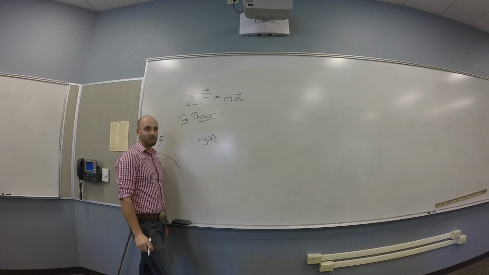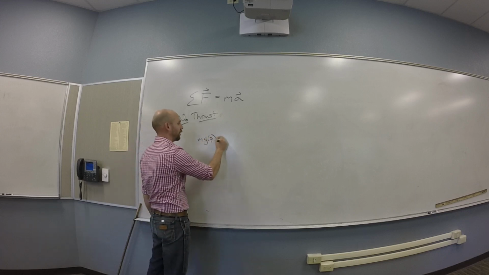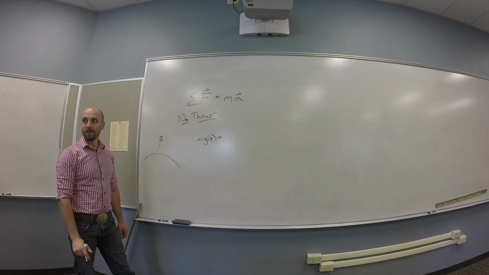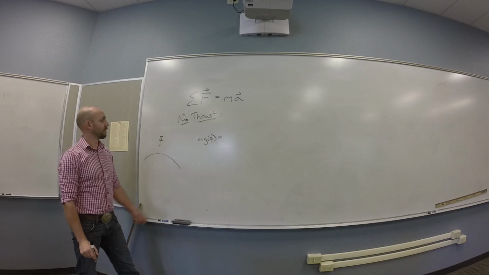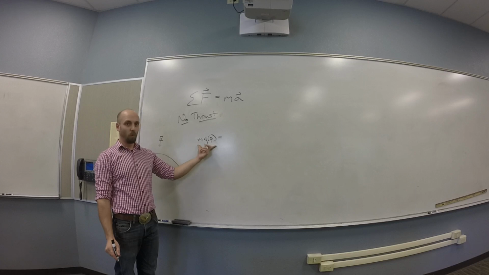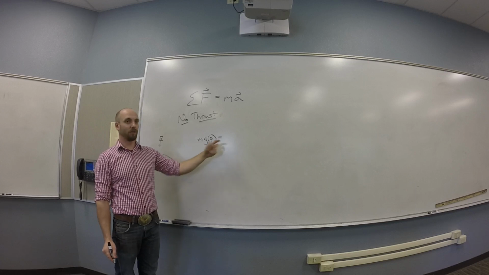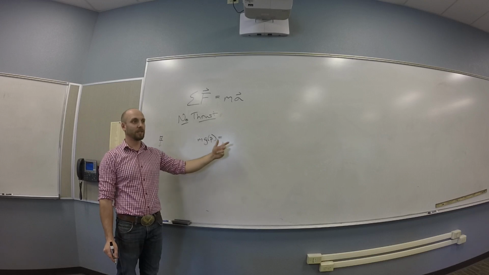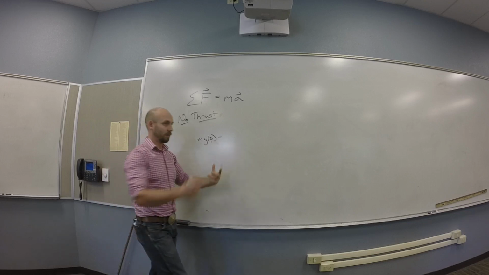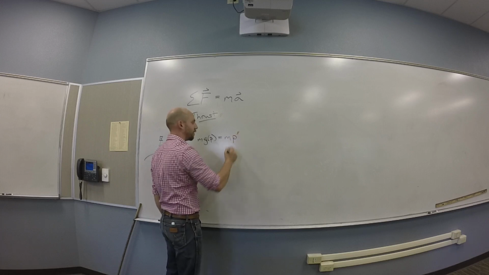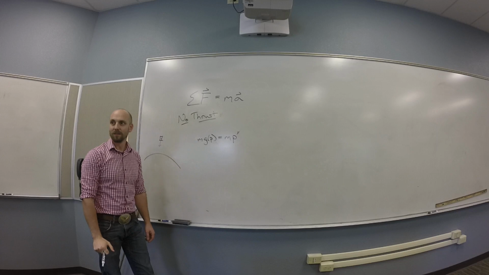So I have something like this: m times g of p is what? What was the other side? The force on that thing. This is the sum of the forces. So the one and only force acting on my rocket, or on my dropped object, whatever, is mass times the acceleration, and you said acceleration is the second derivative of position.